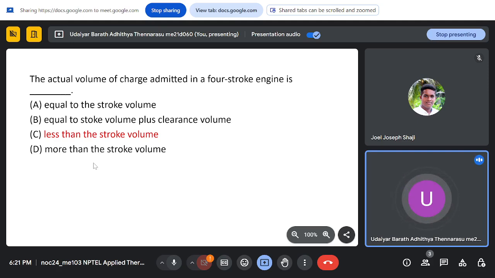Even though theoretically you should get the swept volume, you don't, because during exhaust all the gases will not go out, and some fluid which was already present will be compressed again, so when you are expanding, it will not let the valve open fully, and because of valve timings and so on, you will not get the theoretical swept volume. So you will get less than the stroke volume. So the answer is option C.